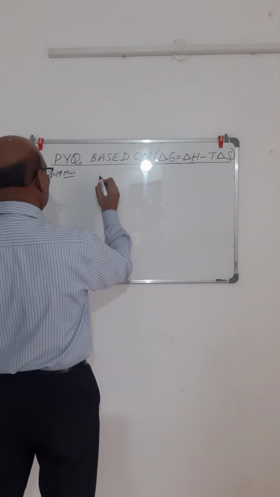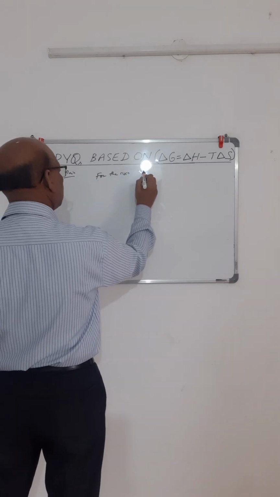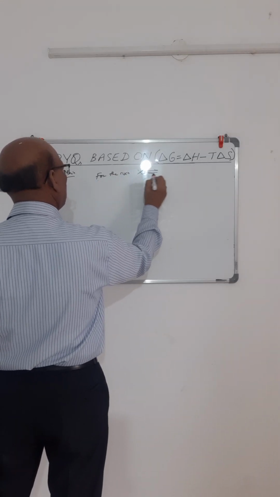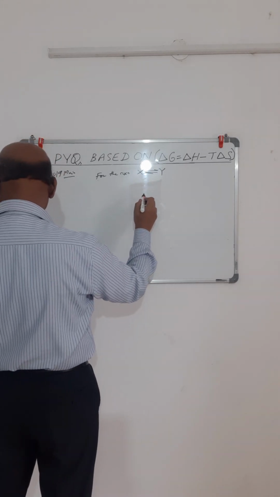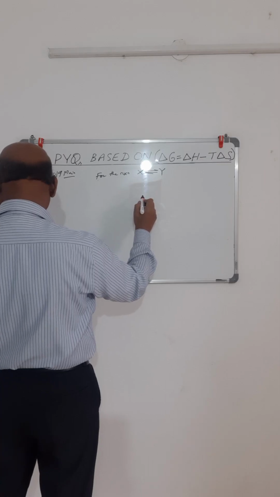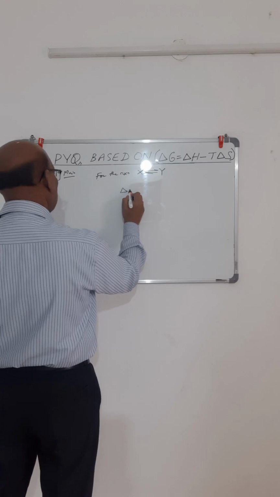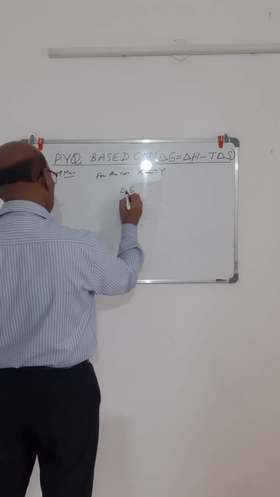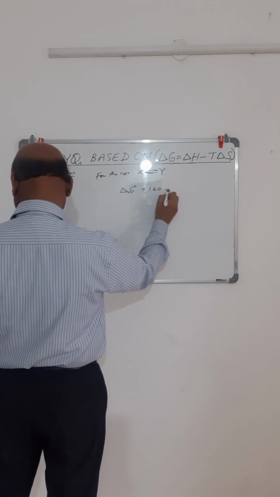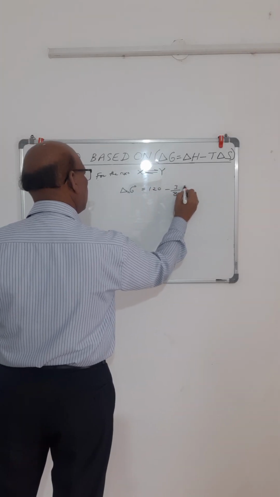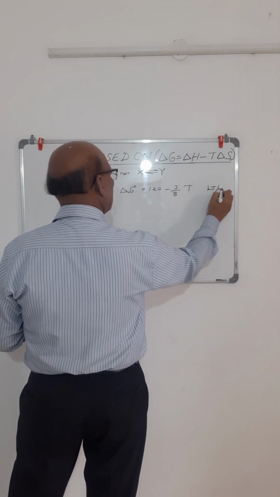Here it is given that for the reaction X gives Y, this is an equilibrium reaction, the standard Gibbs free energy change depends on temperature and its value delta G naught is given as 120 minus 3 upon 8 T, and the unit is kilojoule per mole.